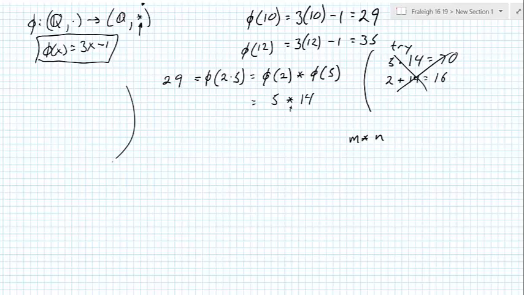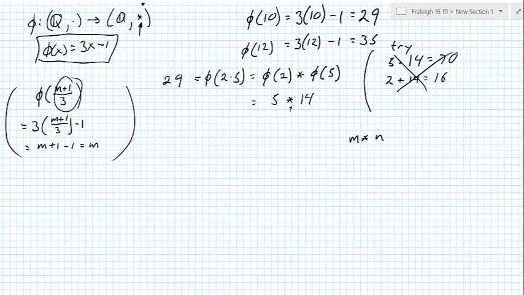So I'm going to do a little scratch work off to the side, and I'm going to notice that if I take phi of, let's say, phi of (m plus 1) over 3, then that will be equal to 3 times (m plus 1) over 3, and then minus 1, which is m plus 1 minus 1, which is m. So notice if I take phi of something in this form, I just get m.